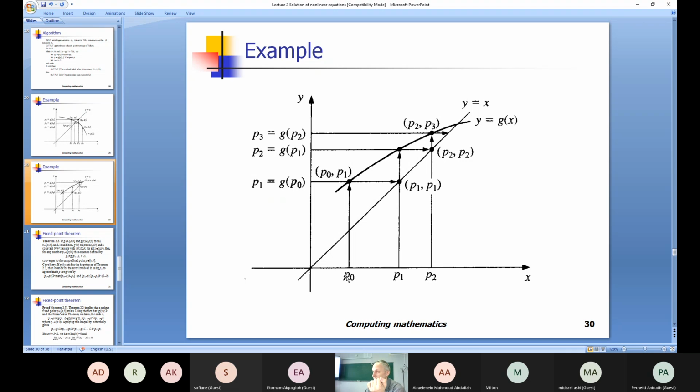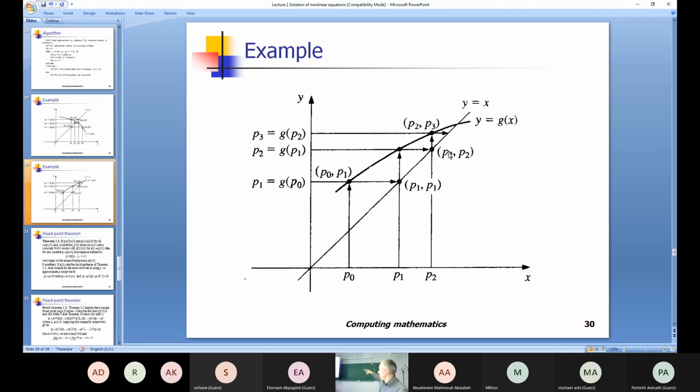Suppose that P0 is our initial guess. You see that it's rather far from this fixed point. We compute P1 as g of P0. After that, we compute P2 as g of P1, then P3 as g of P2, P4 as g of P3, and so on.